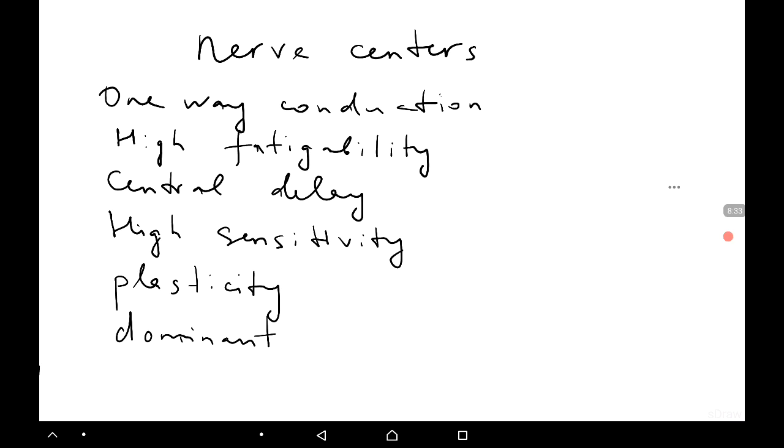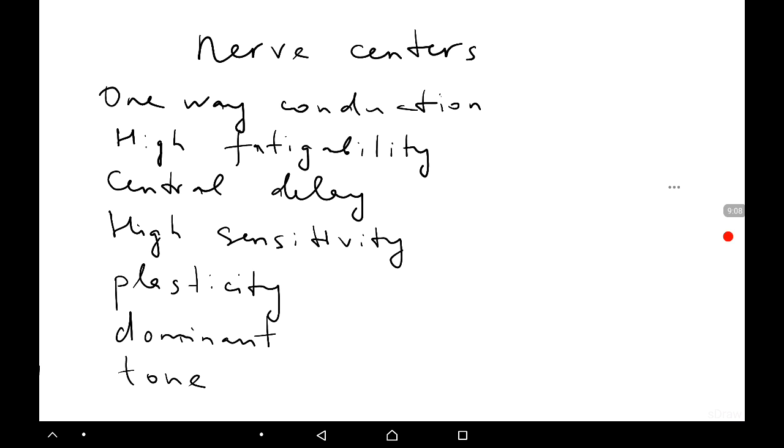Next property is the tone of the nerve centers. The tone means some extent of excitation that appears even if the center is inactive. The tone of nerve centers is explained by the humoral regulation factors, by hormones, for example, level in the blood, and on the other hand, by the afferent inputs in that nerve center.